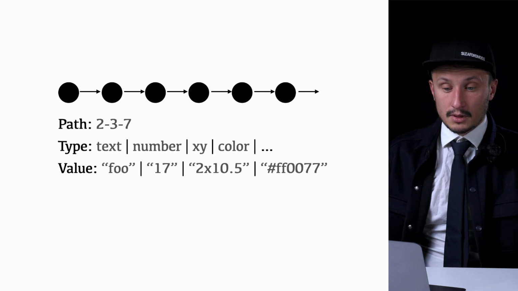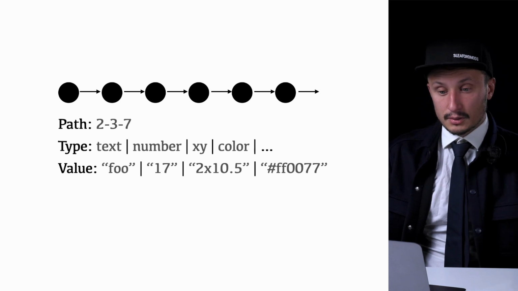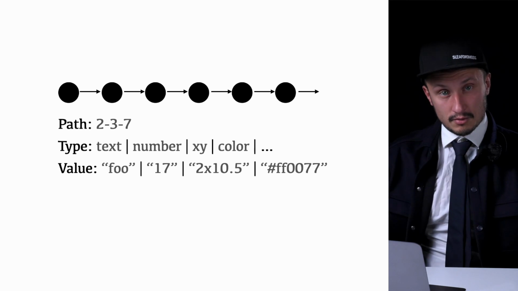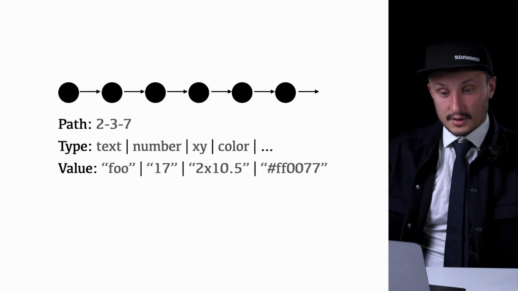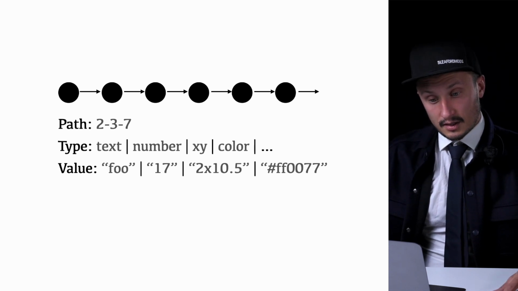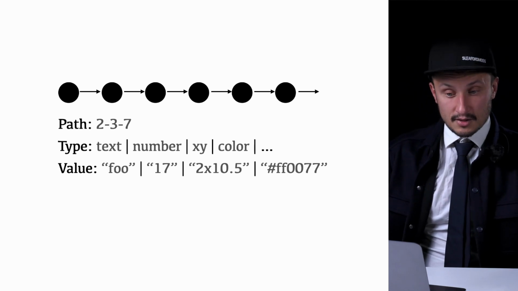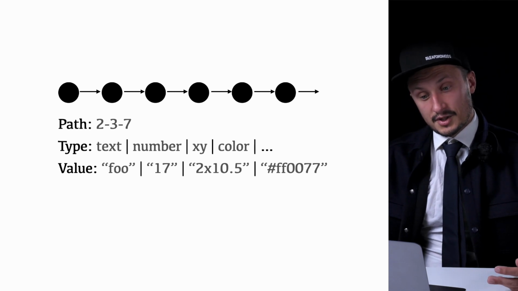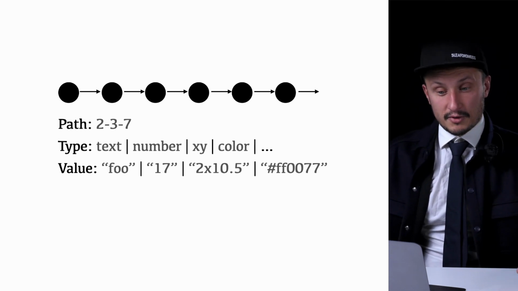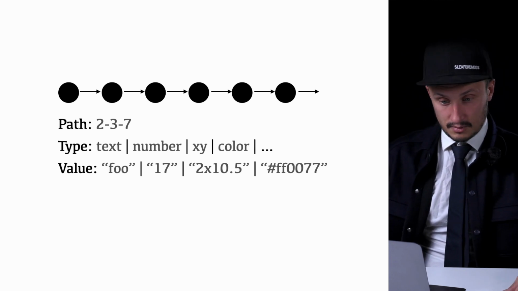It means that if the value is nested in some controls, like for example, the second control in the first row is a group of controls, and then you press the third button in this group, and it's also some nesting, and then you change some number value in the seventh control. This is the path to this control.